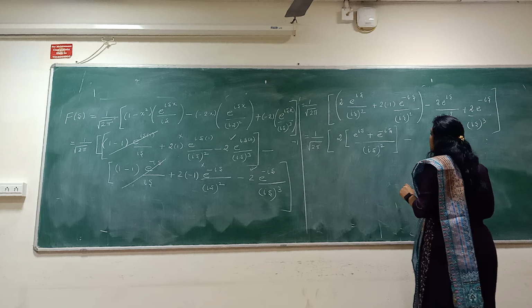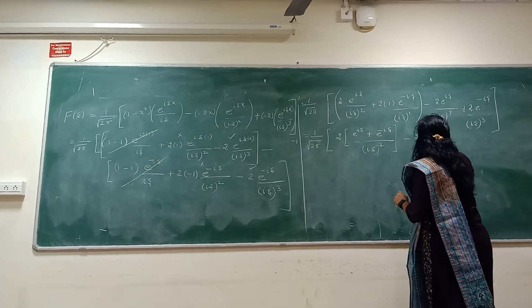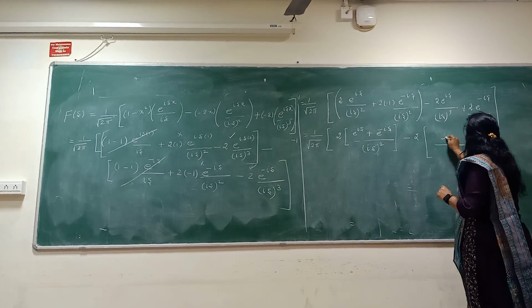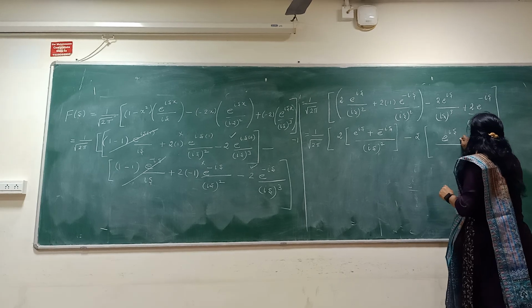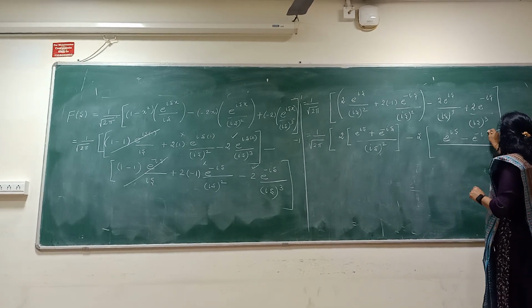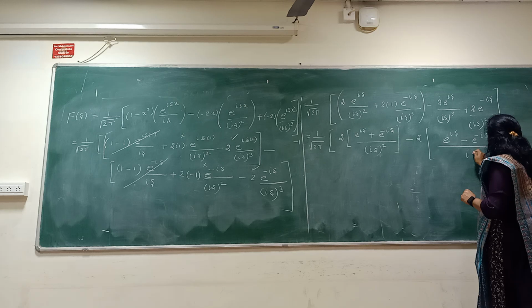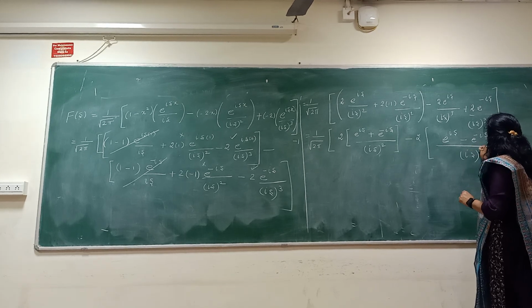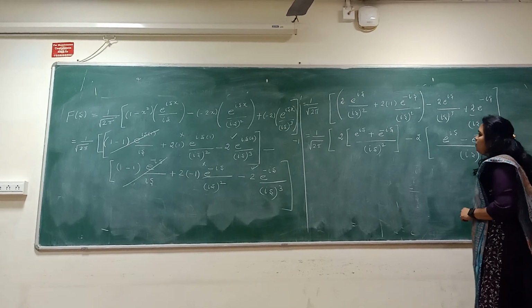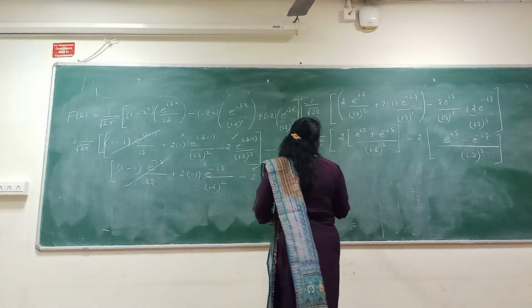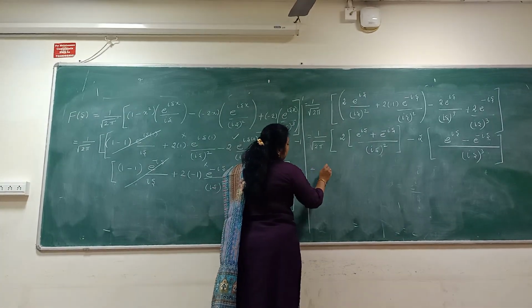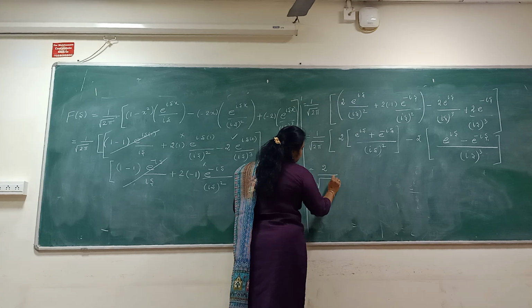Here we will take minus 2 outside. So what will I get? e to the power is minus e to the power minus is divided by is the whole cube. Now 2 is the common denominator. We can take it out, root of 2 pi.